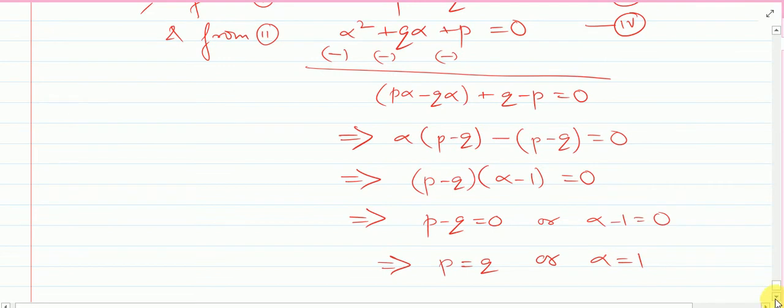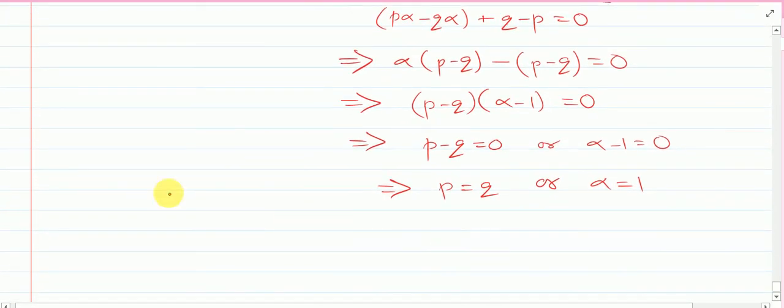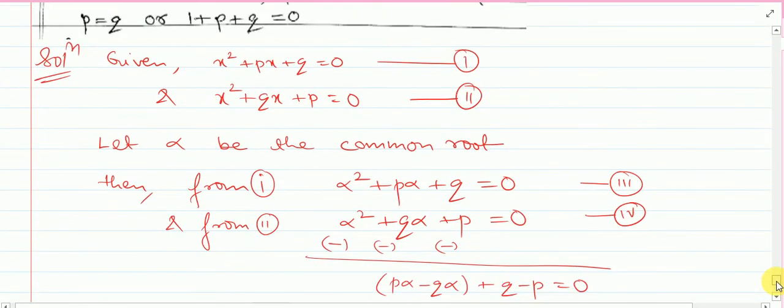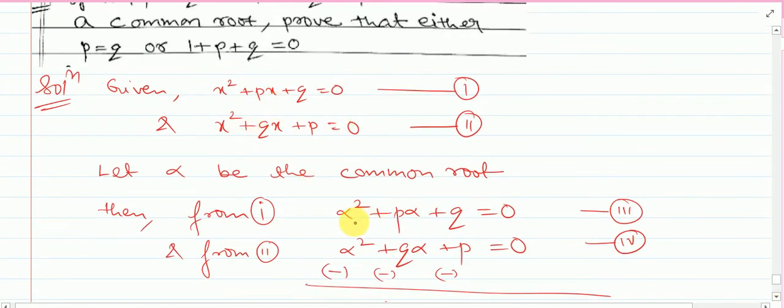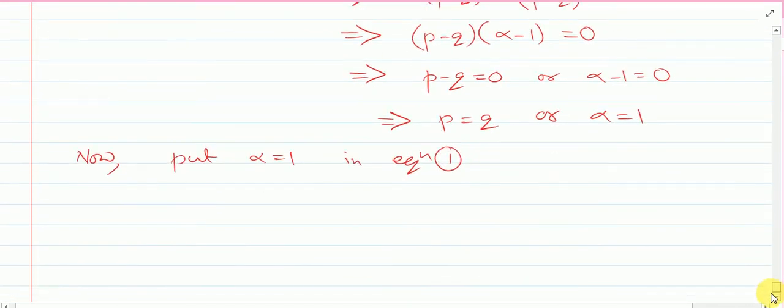Now put alpha equal to 1 in equation 1. So equation 1 is alpha square plus p alpha plus q equal to 0. So we will get 1 square plus p into 1 plus q is equal to 0.